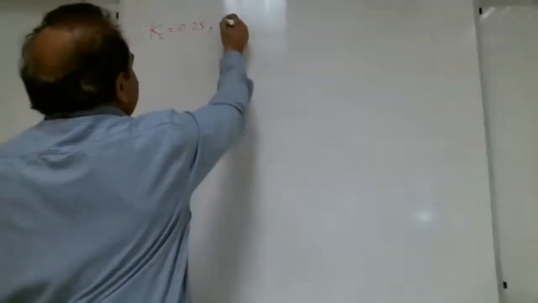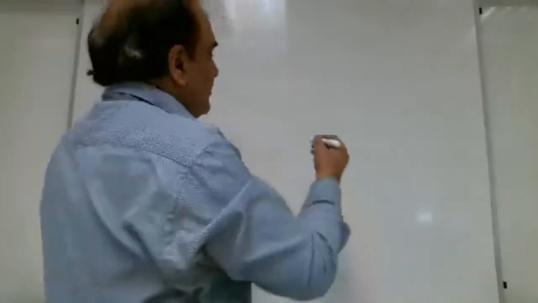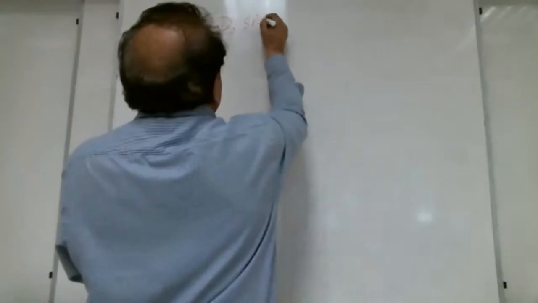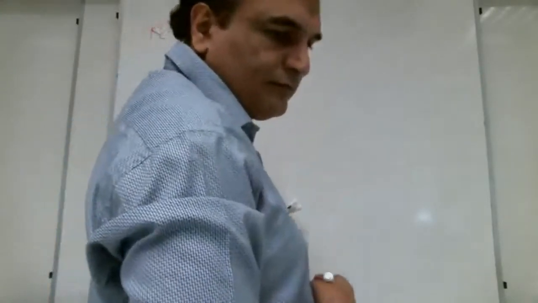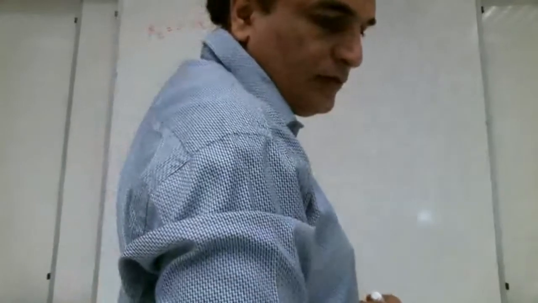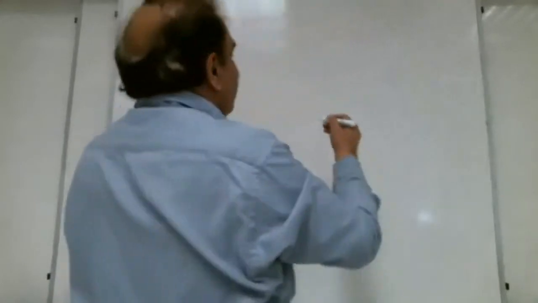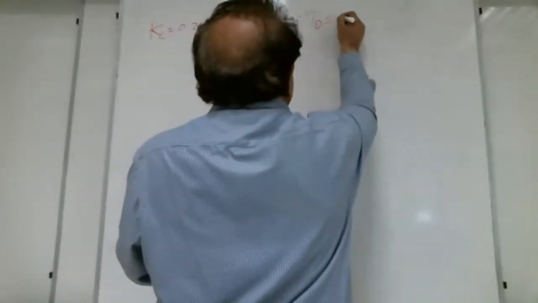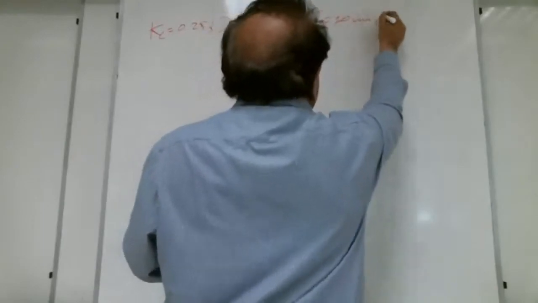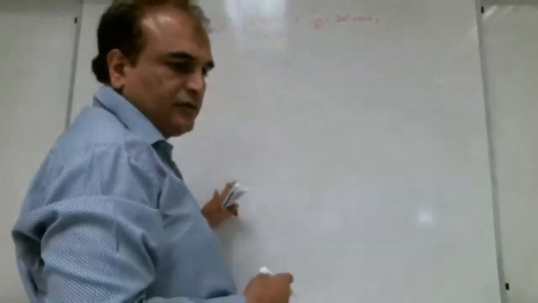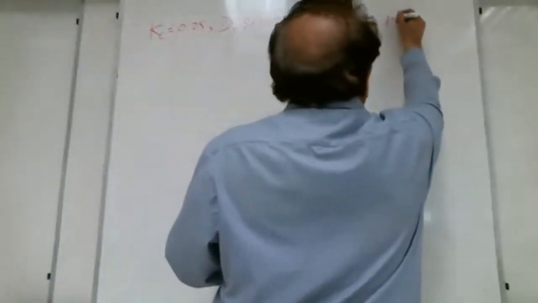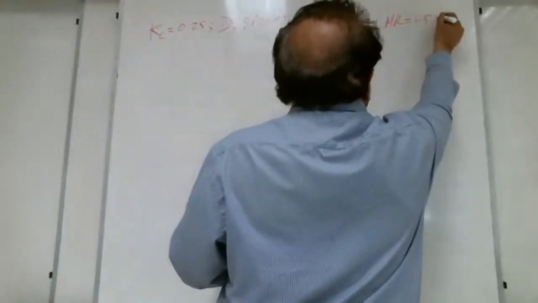Control action direct. Set point is 60%. TD is 10 minutes. MR 45%.